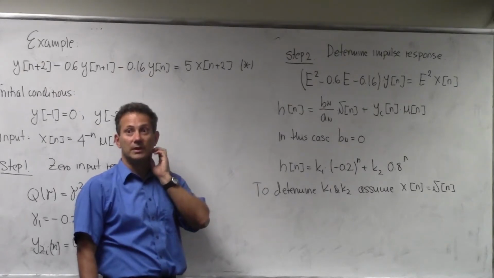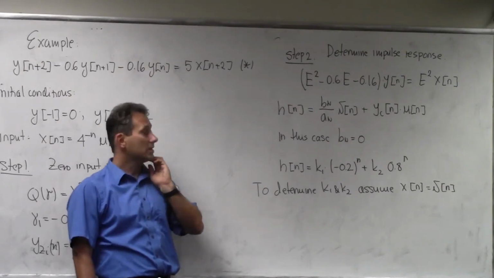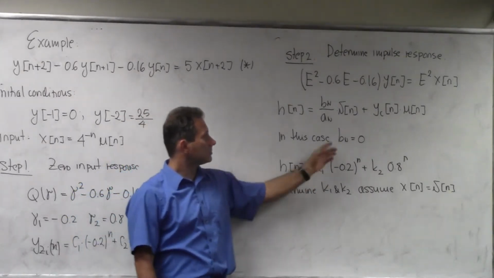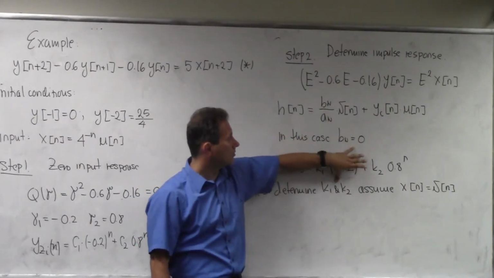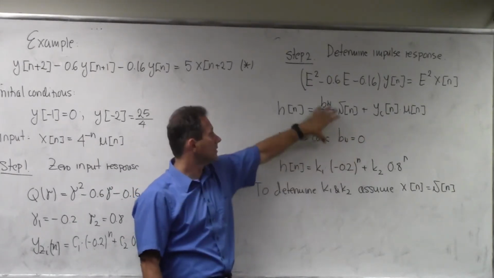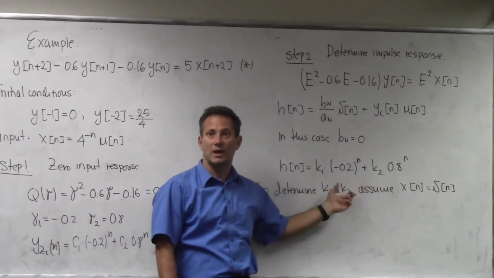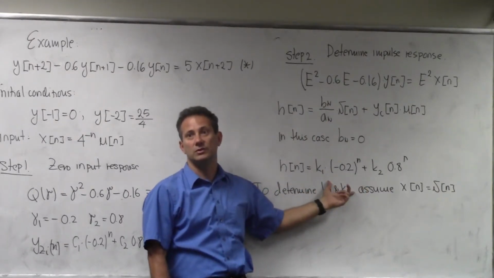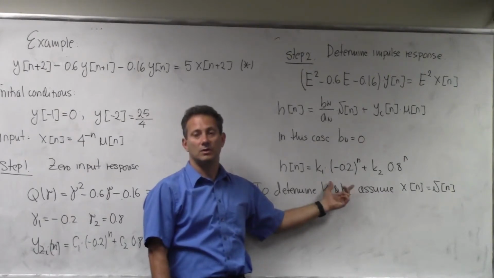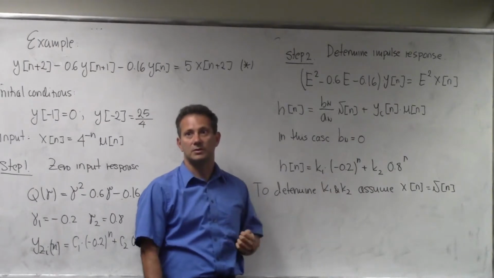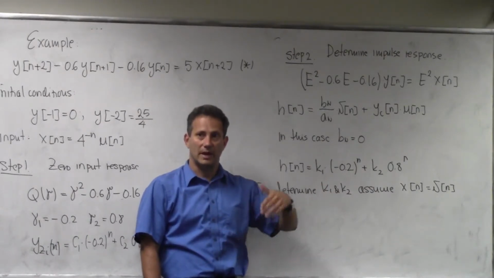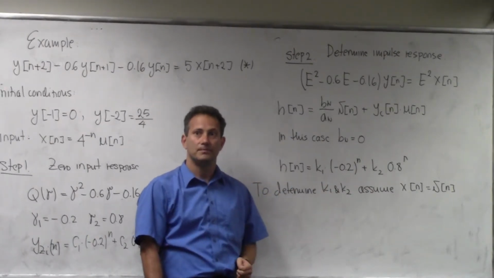So that's why I'm putting delta on it. Now the question is, I know that the impulse response in this case consists only of natural modes, but even if this term was there, you're still going to have a couple of constants, or n constants that you need to determine. And you determine these constants by evaluating your impulse response at n different points.